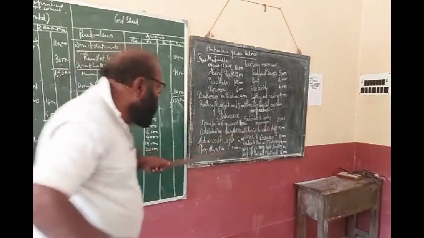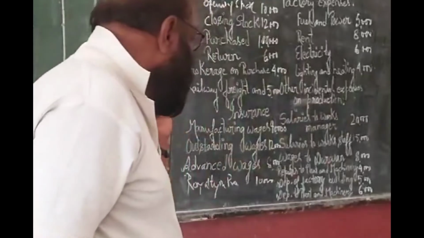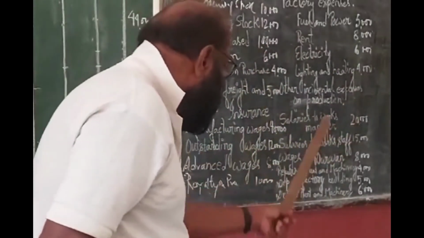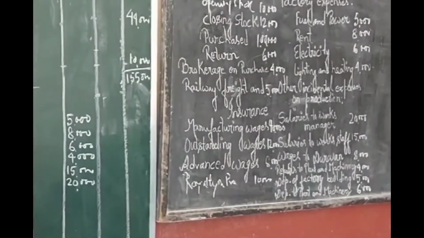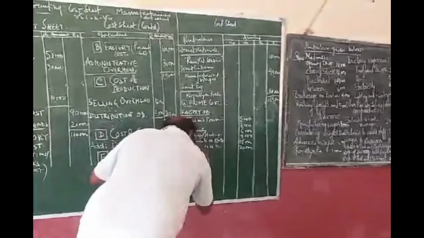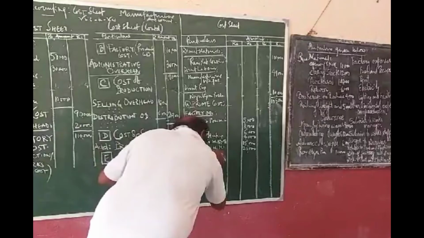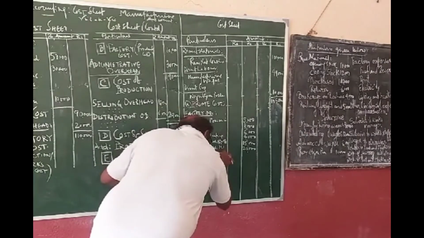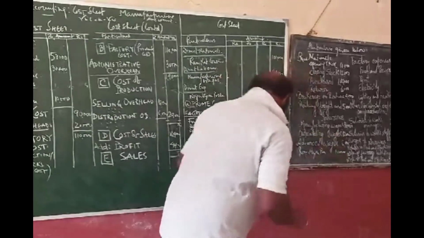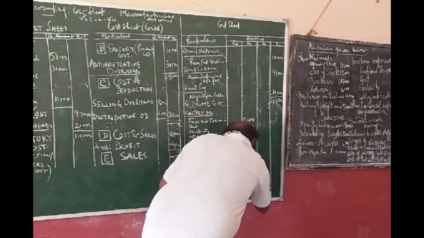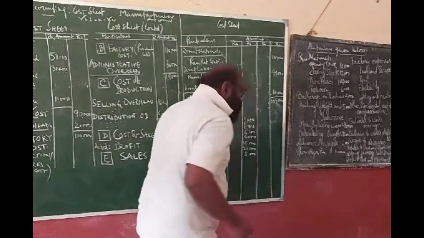Now see, salaries to works manager 20,000, salaries to works staff 15,000. Wages to Darwan. Darwan is also an indirect expense. Wages to Darwan, how much? Wages to Darwan 8,000. Clear?